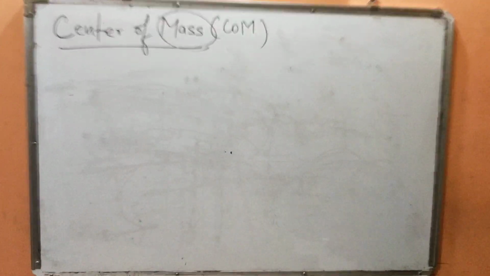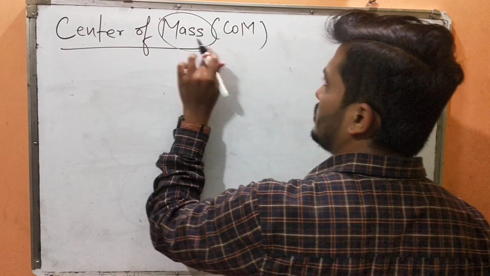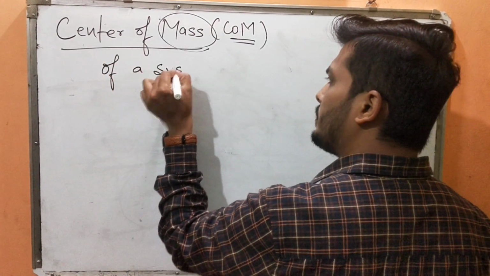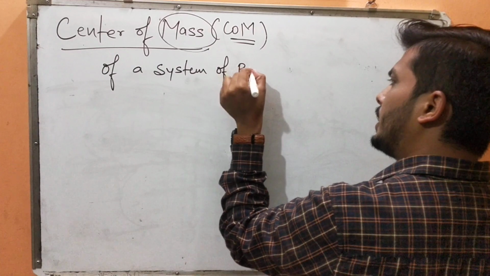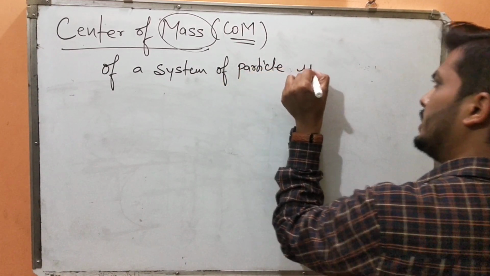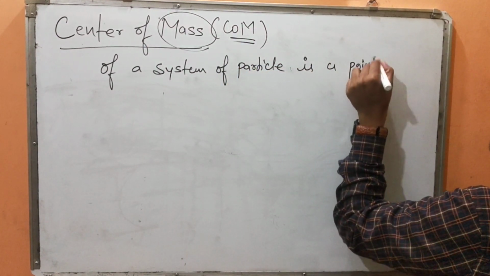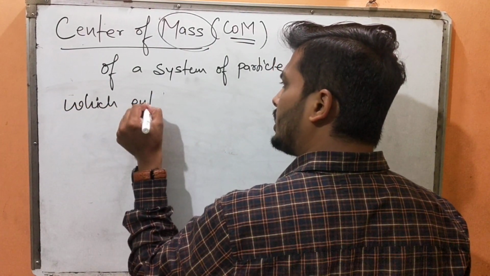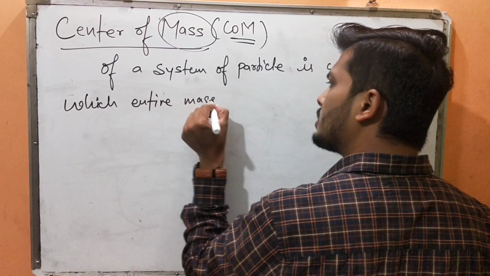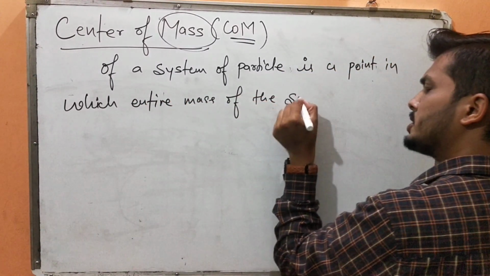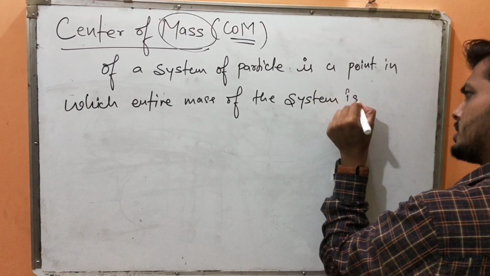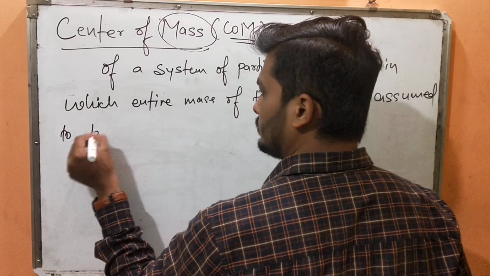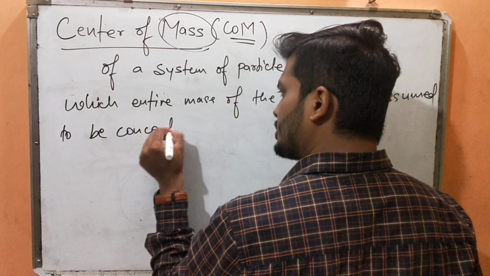So, center of mass, popularly written in short form, center of mass of a system of particles is a point in which the entire mass of the system is assumed to be concentrated.